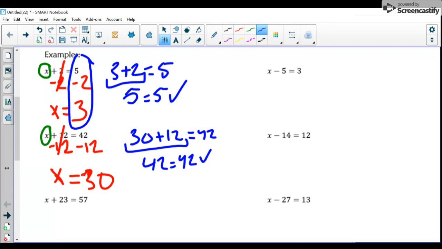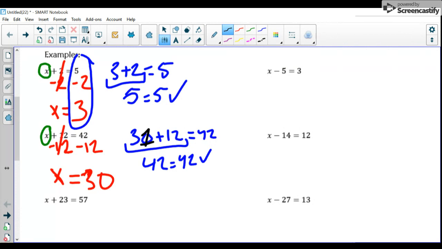Now you need to actually do the work here. Please actually do 30 plus 12 like I've done right here, because say I accidentally thought that that was a 31. Say I said my final answer was a 31, and I said 31 plus 12 is 42. Well, it's not 42.